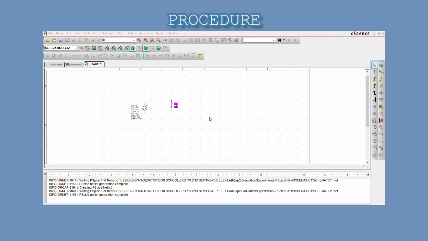The resistor is configured to have 2 ohms. Let us add the inductor. The inductor is configured to have a 10 millihenries value. Let us add the ground. Now let us connect the circuit using the wires.